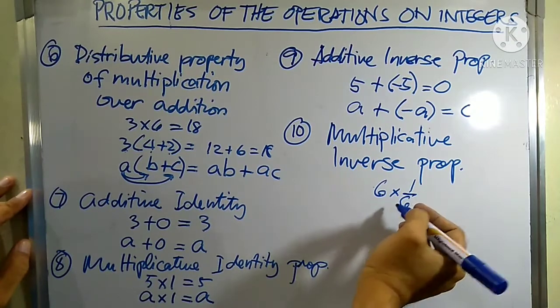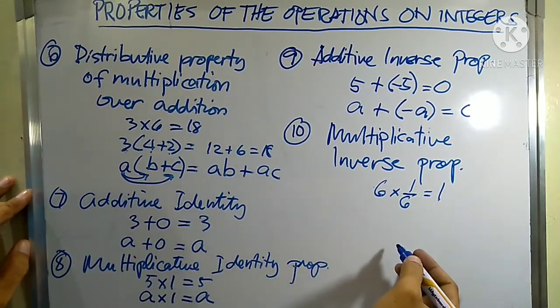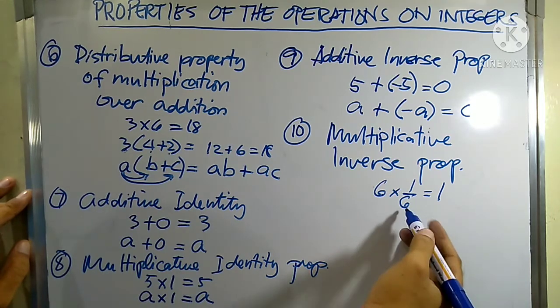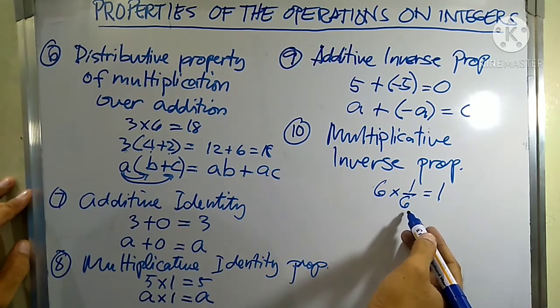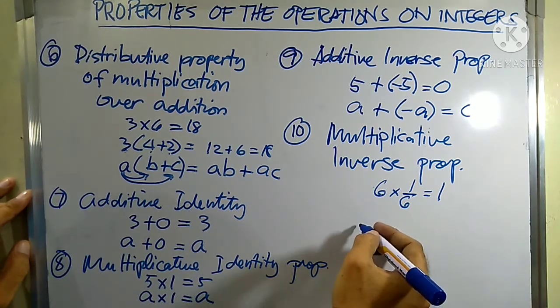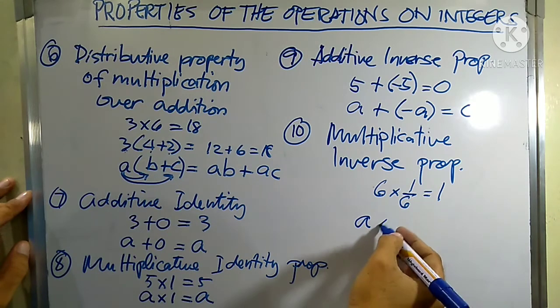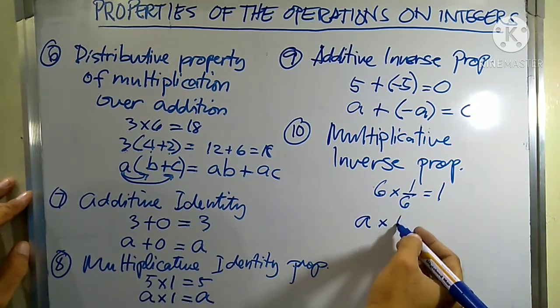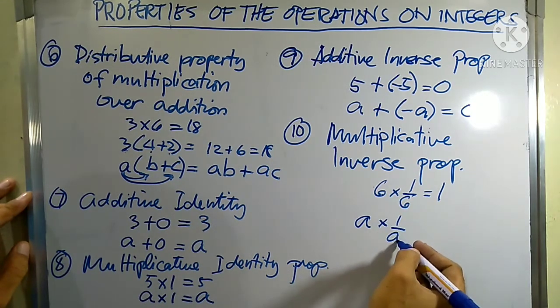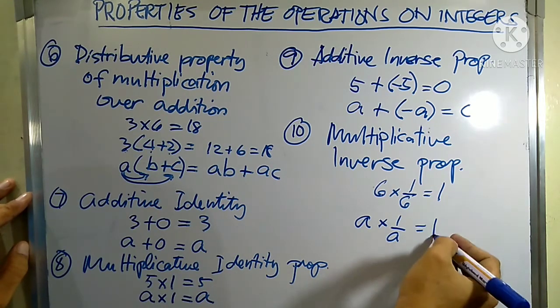Multiply this, we get 1. 1/6 is called the multiplicative inverse. Here we could say our notation will be A multiplied by its multiplicative inverse or reciprocal. The result is always 1.